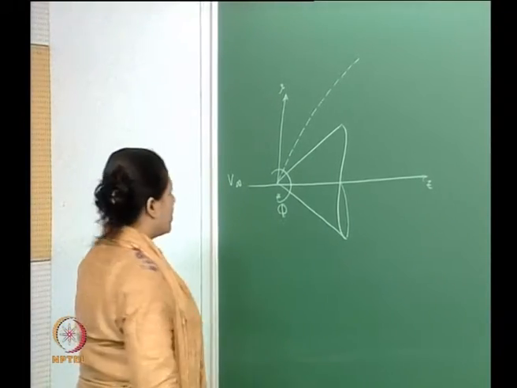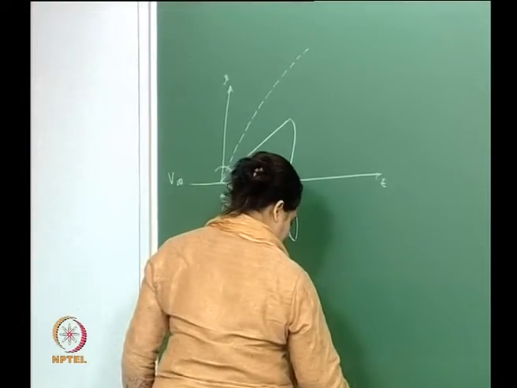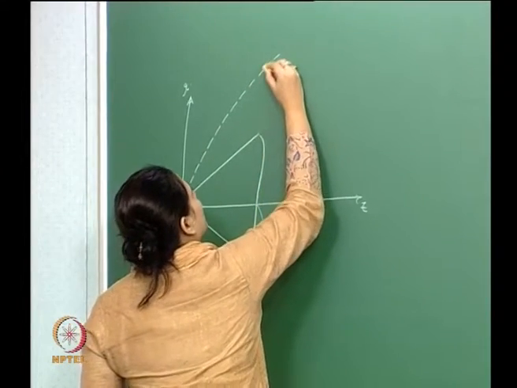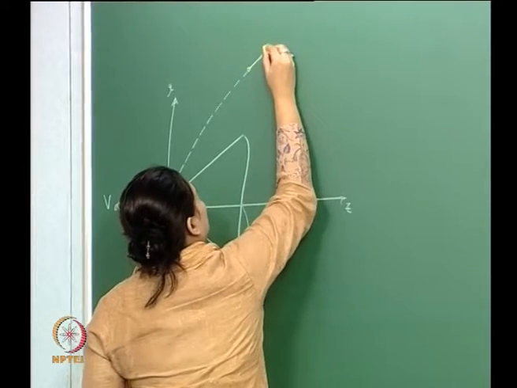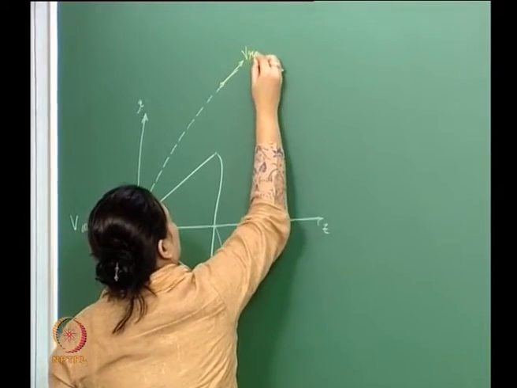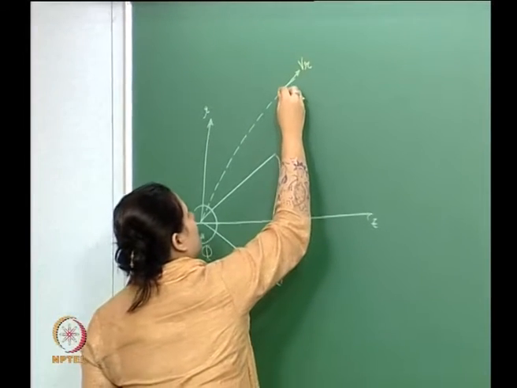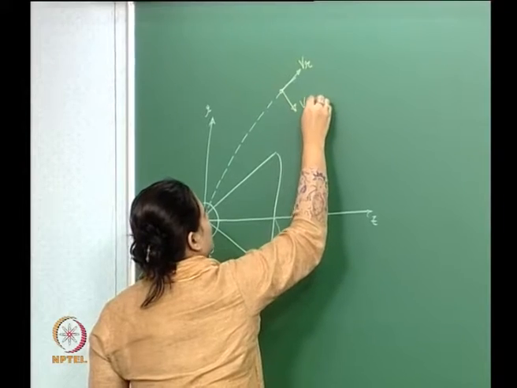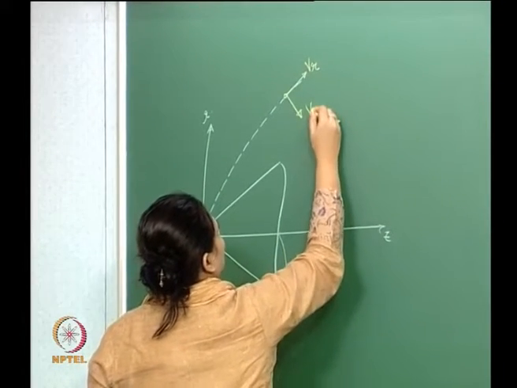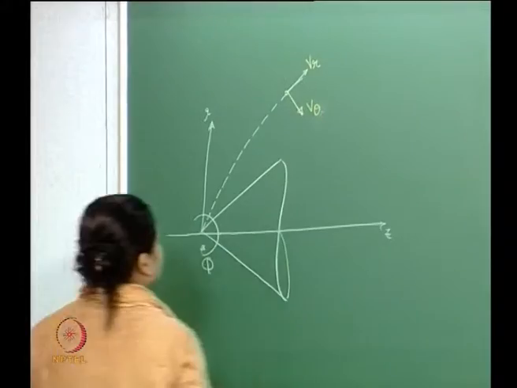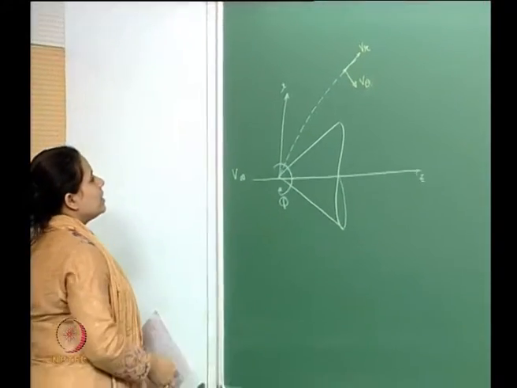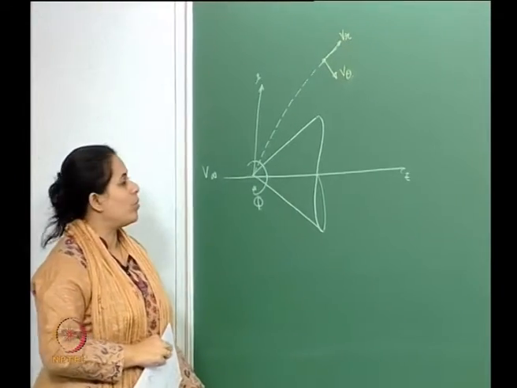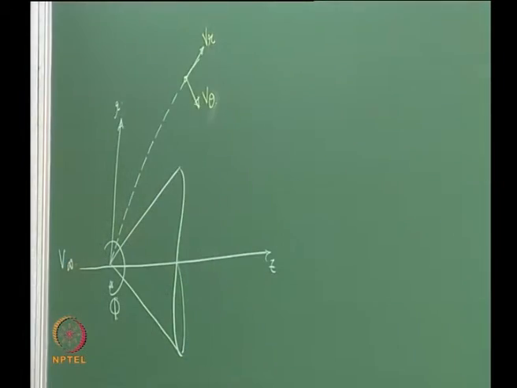What sort of velocities are we looking at here? What we are looking at here is radial. Basically, this is the velocity component I am looking at when I am looking at the axisymmetric case.